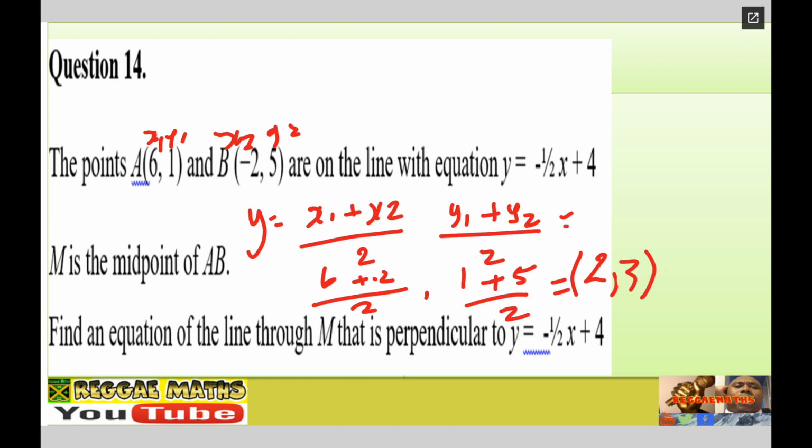We know that minus a half times 2 equals minus 1. To work out the perpendicular, at a right angle, the gradients are negative reciprocals of each other. So if I multiply them, I need to get minus 1.